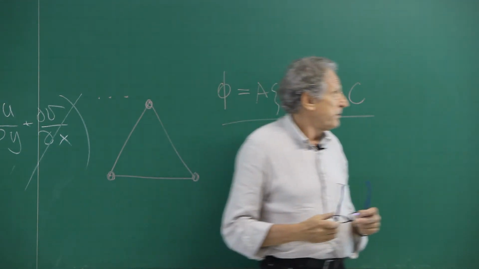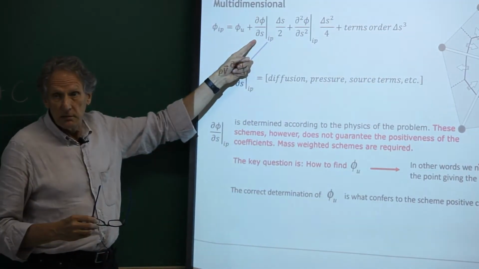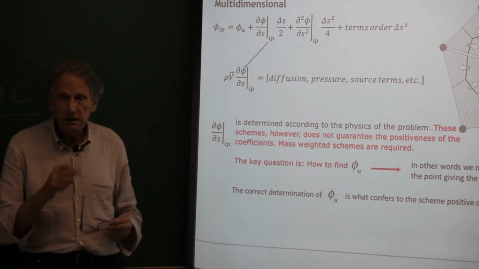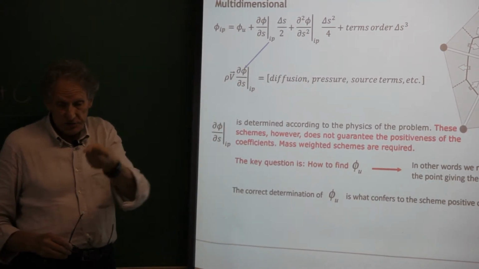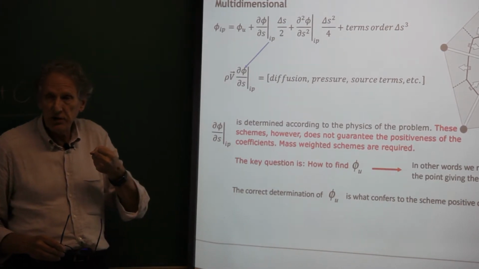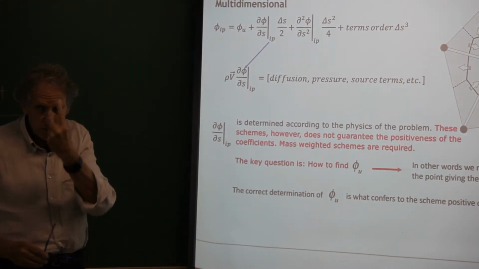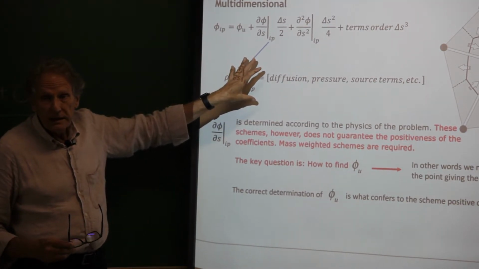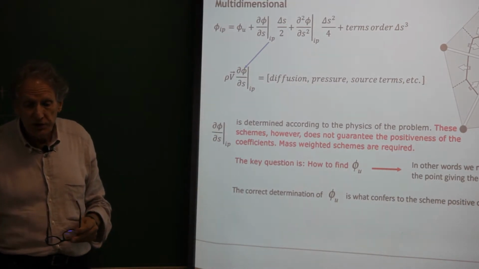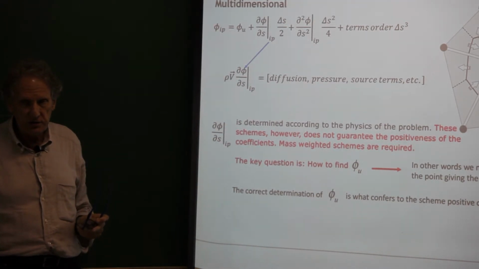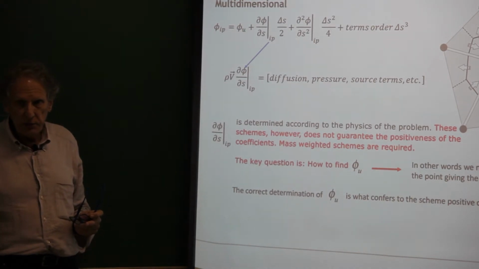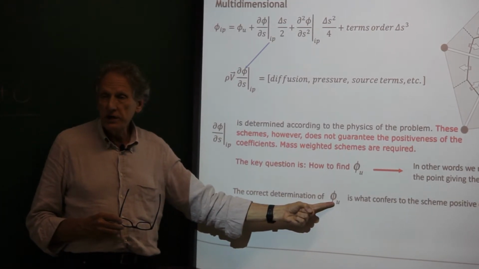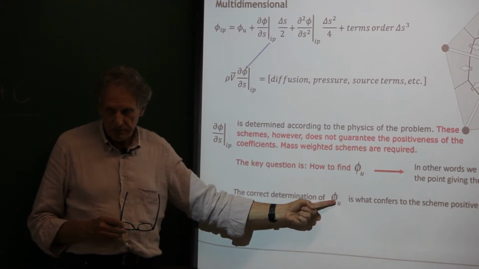This is done by introducing this term, and this term comes from the physics of the problem, because it is extracted from the partial differential equation that you are solving. The second question: doing that doesn't mean that your scheme will generate positive coefficients. In order to generate positive coefficients, the key question is, who is phi upstream? That's the key question.